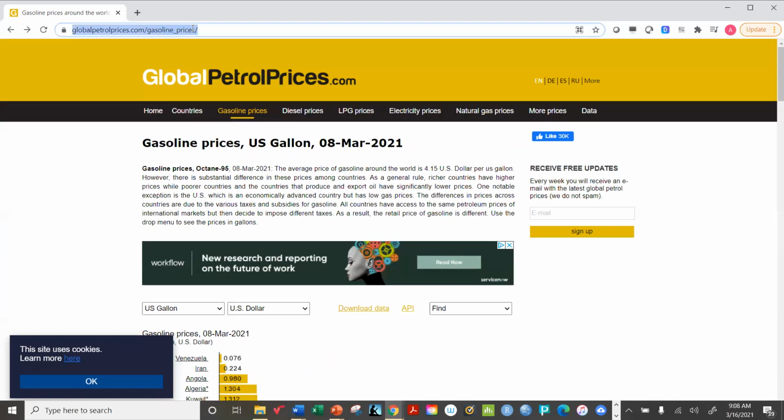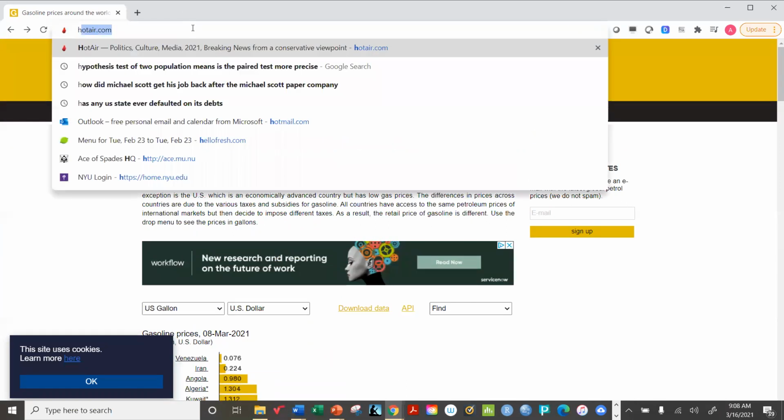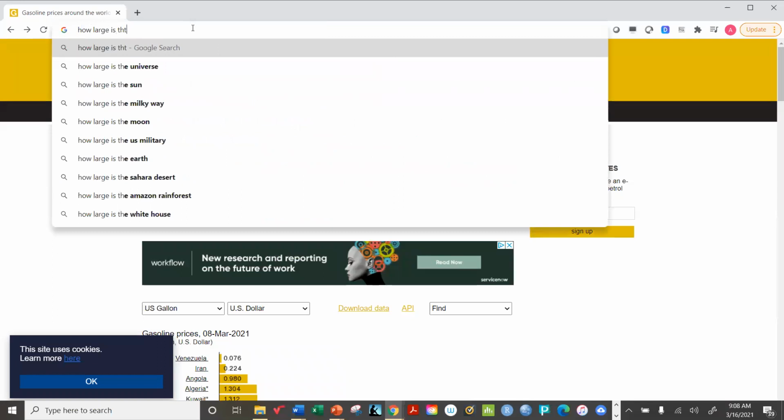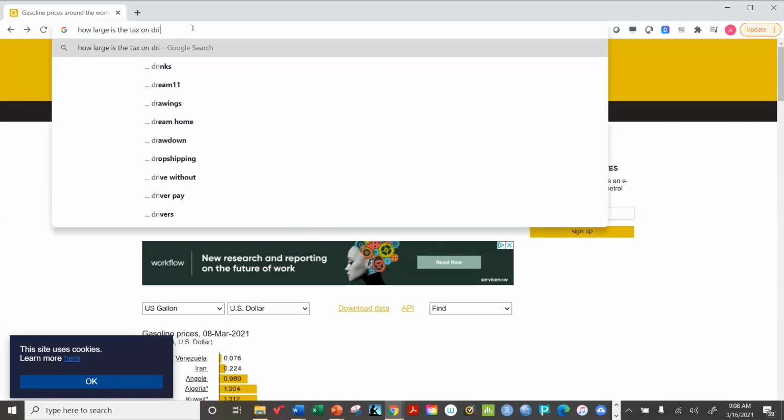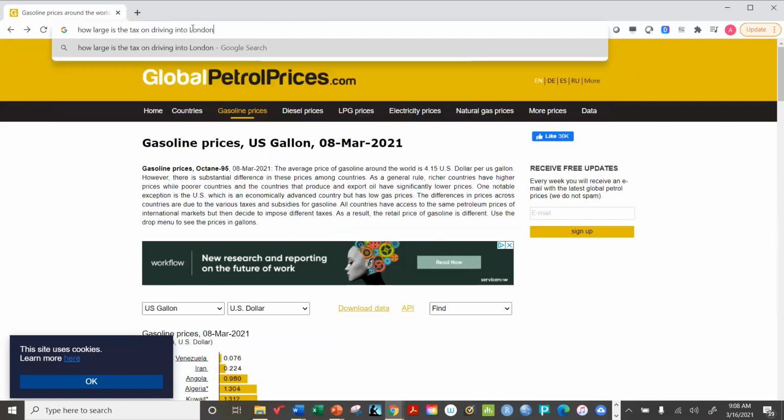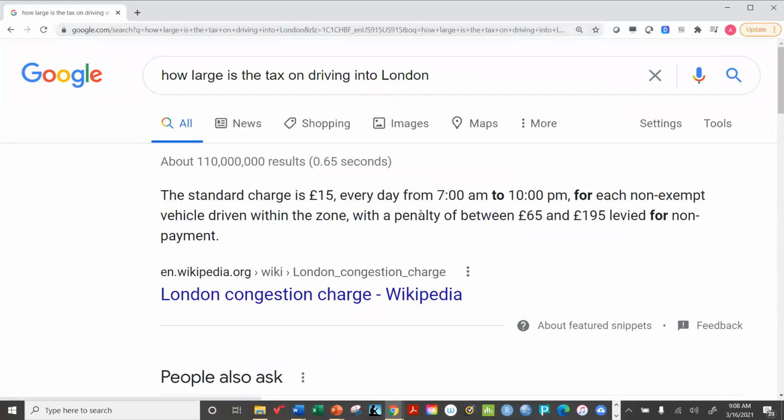In fact, why don't we find out how much it is? How large is the tax on driving into London? Oh my God. 15 pounds. That's like, let's say, $20. Imagine paying $20 just to drive into the city.